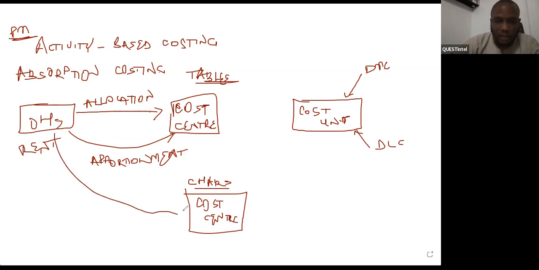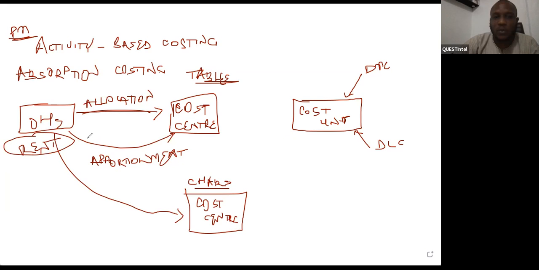And then we'll allocate those ones. So a supervisor of the table department will be allocated to the table cost center. A supervisor that is only responsible for the chair department will be allocated to the chair cost center. On the other hand, rent affects both tables and chairs, and there can be different specifications of tables and different specifications of chairs.